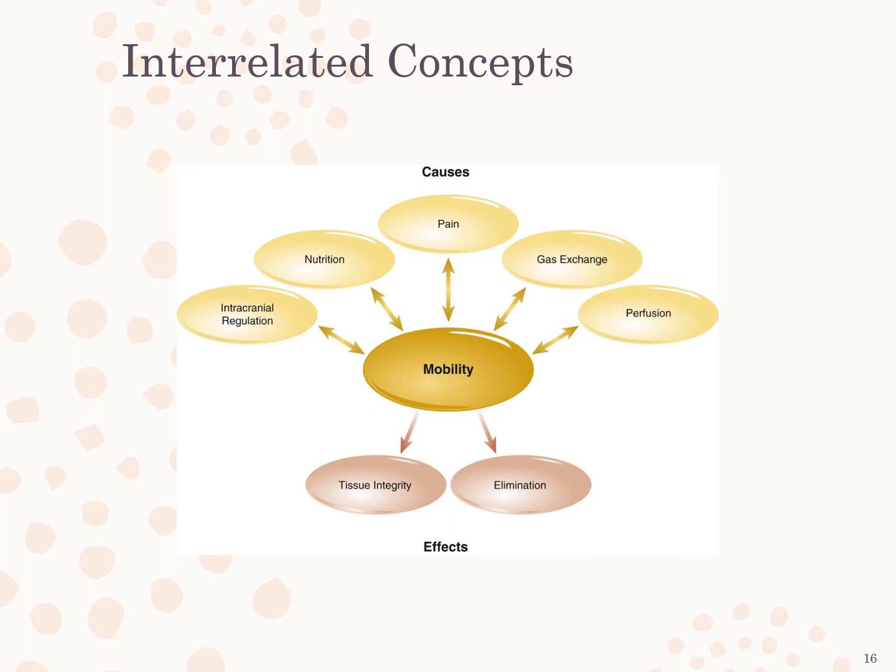Individuals who have impaired perfusion are less able to be mobile because of reduced oxygenated blood reaching peripheral tissues. Among individuals who are immobile, perfusion is less effective because of reduced venous return and because of extended pressure on the tissues. Immobility is a significant risk factor for impaired tissue integrity.